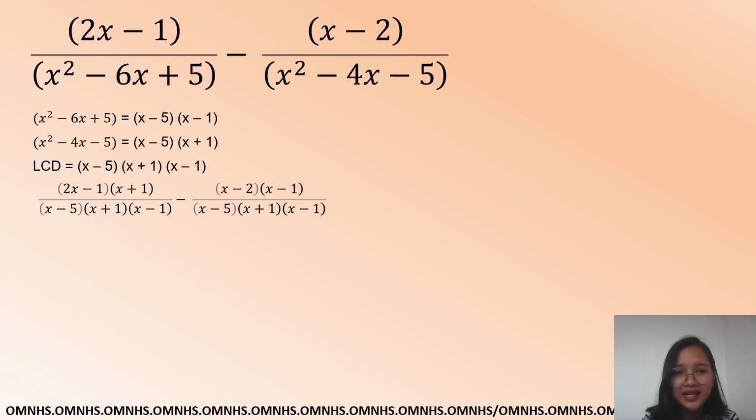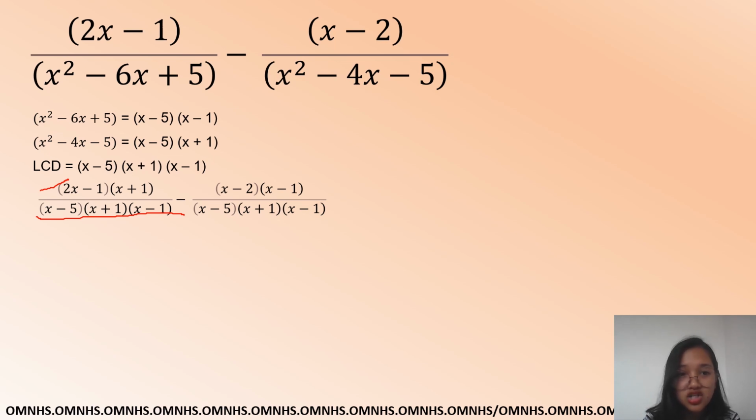Okay, so where did the 2x minus 1 times x plus 1 in this numerator come from? Okay, so our LCD is the x minus 5, x plus 1 times x minus 1.